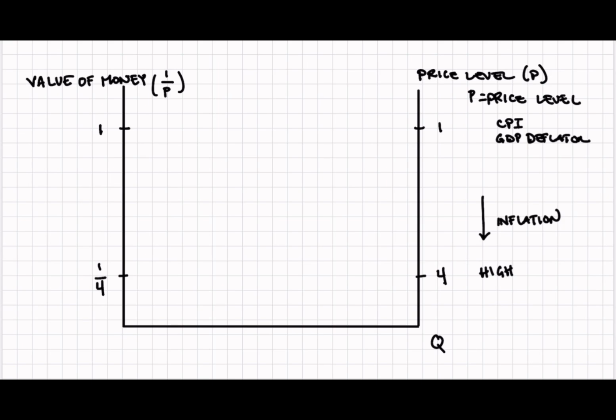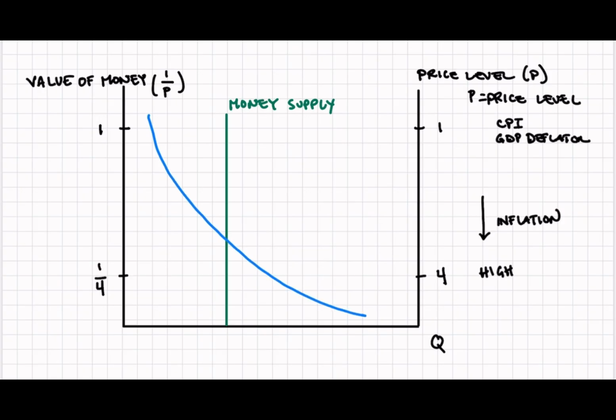Let's go ahead and graph our supply curve first. So the supply curve, we're going to say, is going to be a function of what the Federal Reserve decides to do. And so our supply is going to be perfectly inelastic. There's going to be a set level of money supplied, and that's going to be fixed by the Federal Reserve. The demand is going to be downward sloping, and it's going to look something like this.